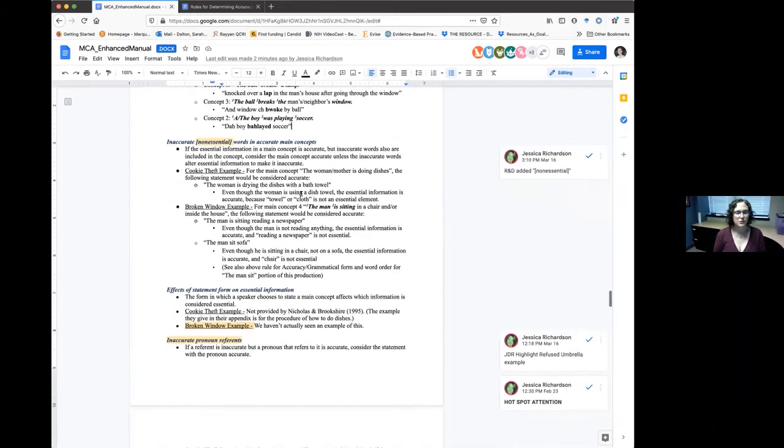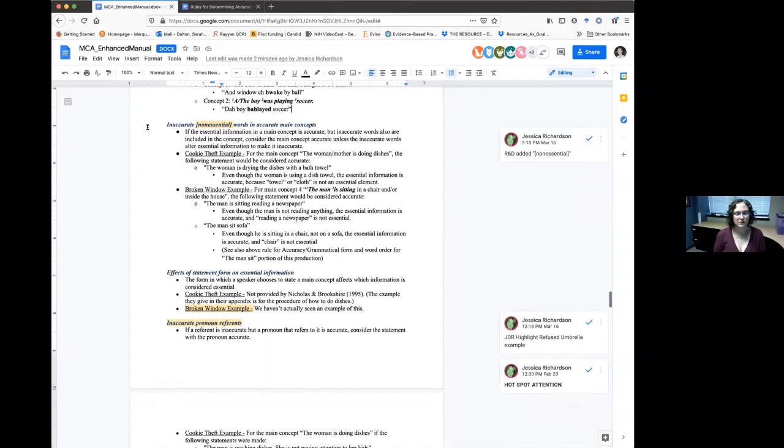The next rule is for inaccurate, non-essential words, inaccurate main concepts. Here we did add the word non-essential into this rule. It is in the spirit of the rule, we are just clarifying that this is only for non-essential information.